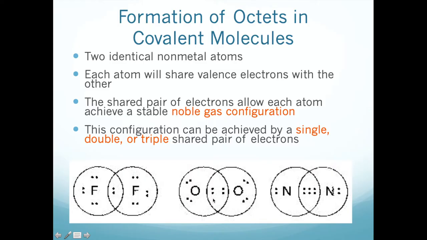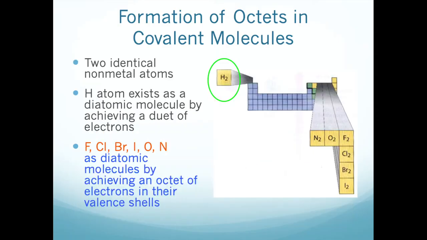We'll get into more of how this happens in a little bit when we start discussing Lewis structures. Okay, but for now, I'm just pointing out how you can share different numbers of electrons between your atoms in a molecule. So you should know which elements form diatomic molecules.